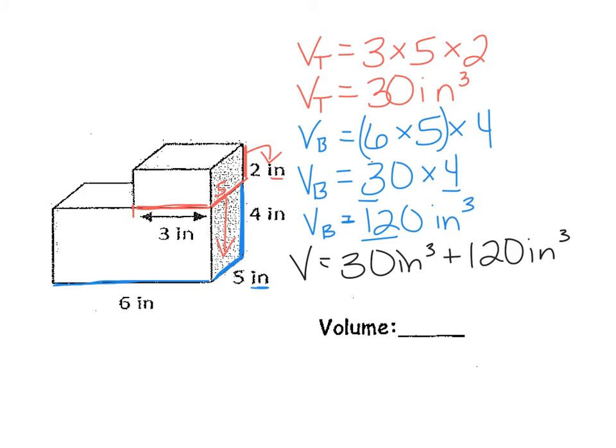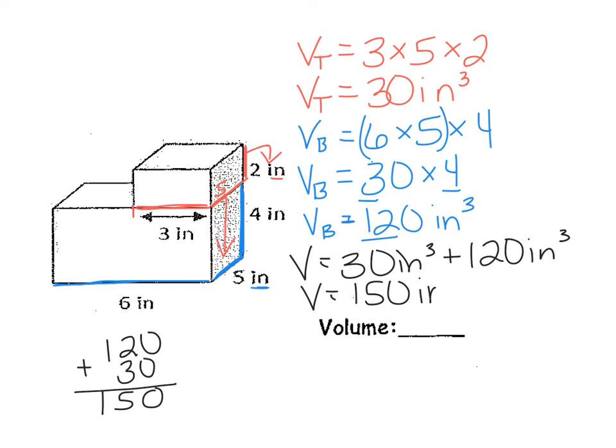I need to put them up vertically. 120 plus 30, line up my ones and my tens. 0 plus 0 is 0. 2 plus 3 is 5. 1 plus nothing is 1. So the volume is equal to 150 cubic inches.